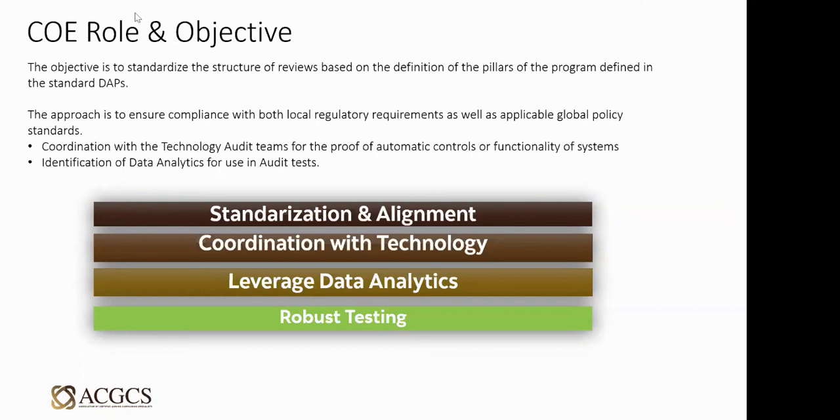If you have data analytics, that there's a leverage of everything that they're doing, not just for the non-financial risk, but for the financial risk, and that there's robust testing, and doing integrated audits. That has really been something that I've seen help foster a more robust three lines of defense framework and communication.